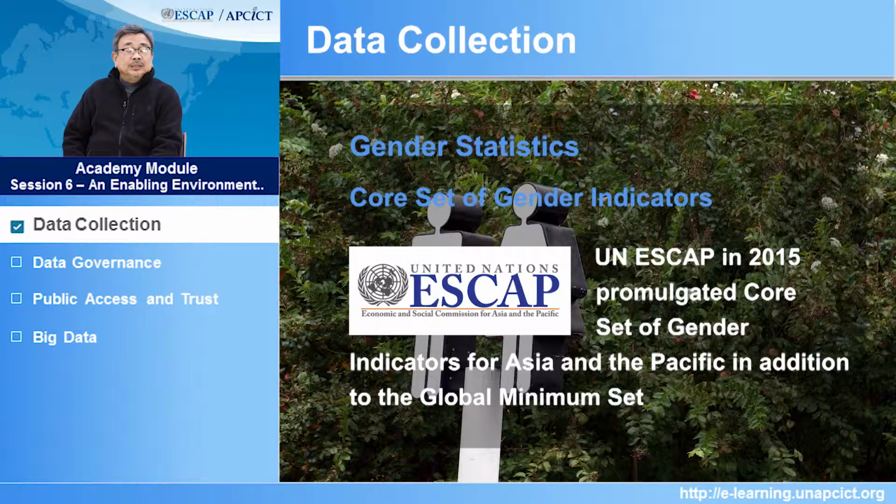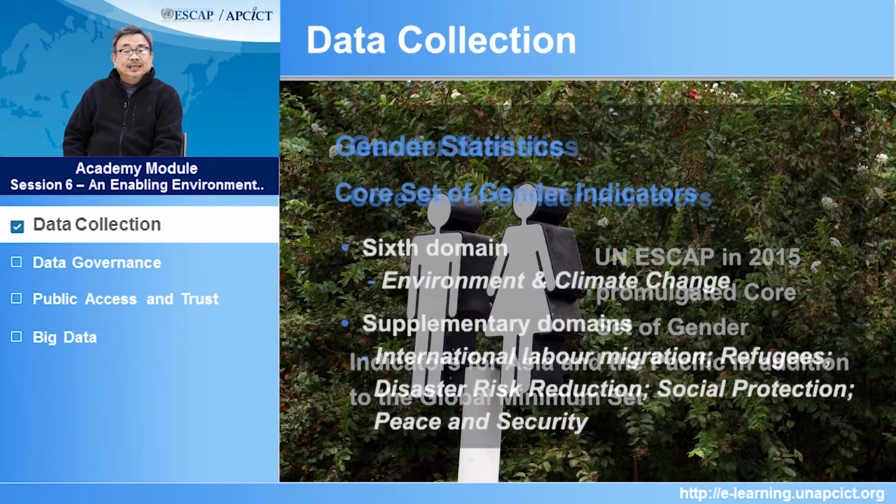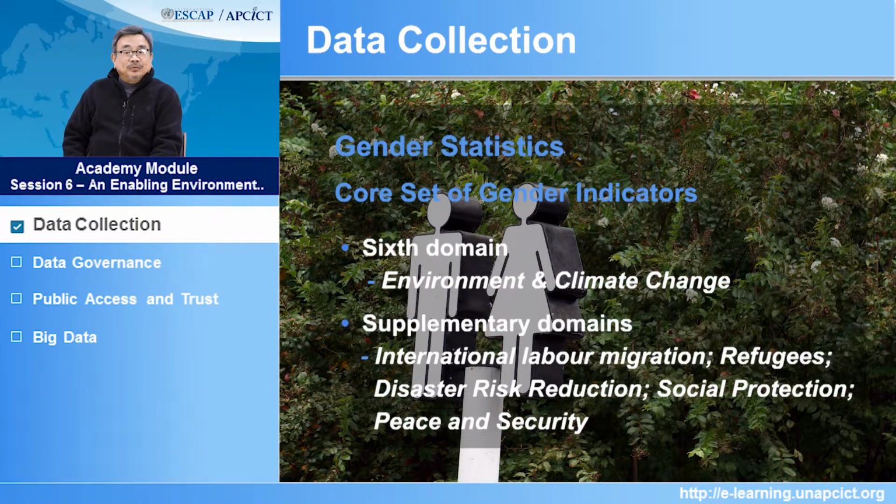The core set of gender indicators for the Asia-Pacific adds a 6th domain to the 5 that was previously mentioned, and this is the domain of environment and climate change. The core set also adds supplemental domains, which includes international labor migration, refugees, disaster risk reduction, social protection, peace, and security.